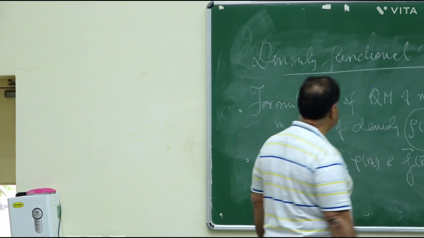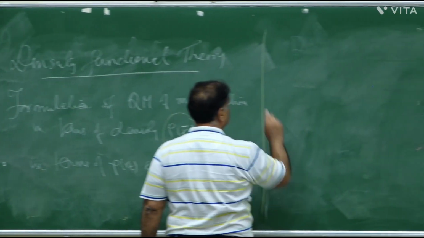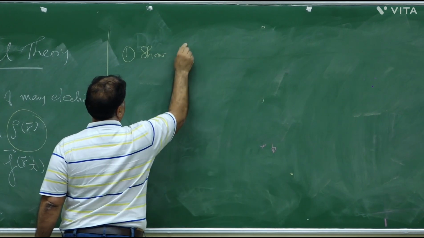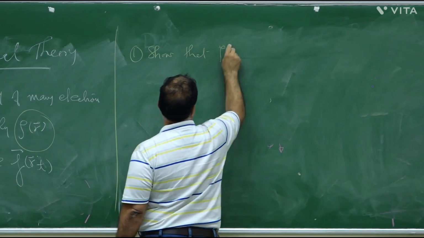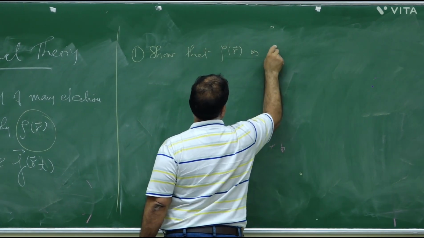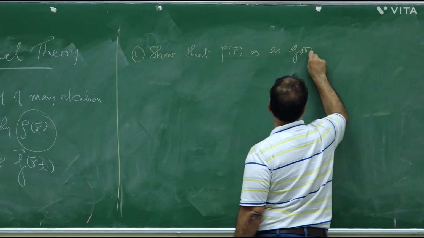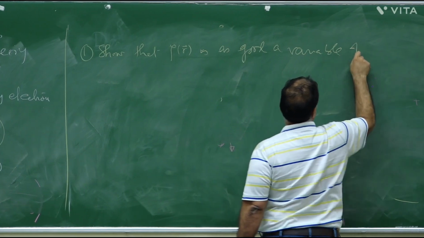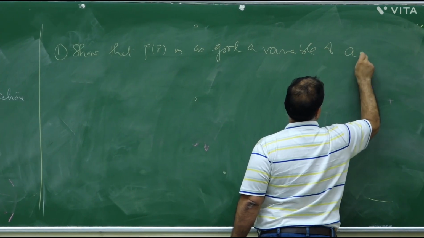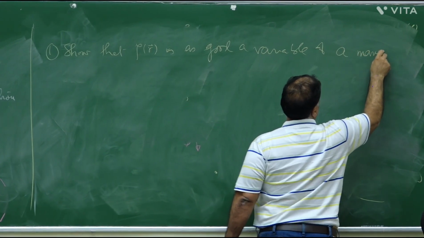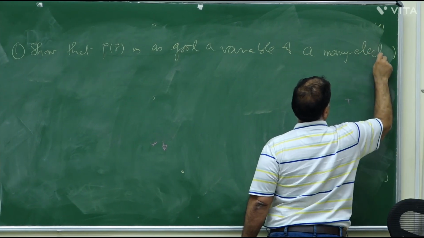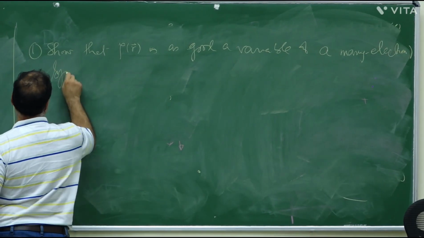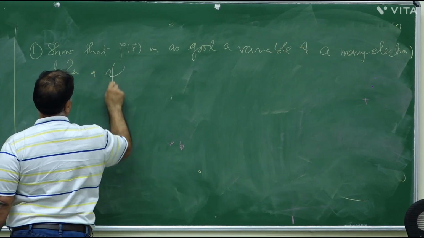So first thing that we do is, number one, show that rho r is as good a variable of a many electron system as psi.